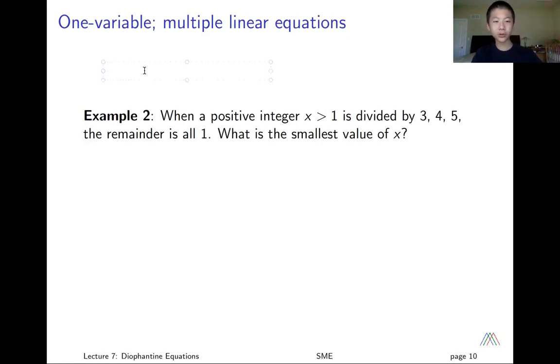So here we're saying x is equivalent to 1 mod 3, x is equivalent to 1 mod 4, and x is equivalent to 1 mod 5. So what do you think is the smallest possible solution here?